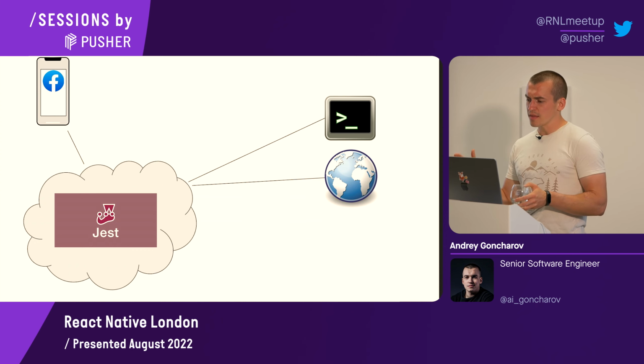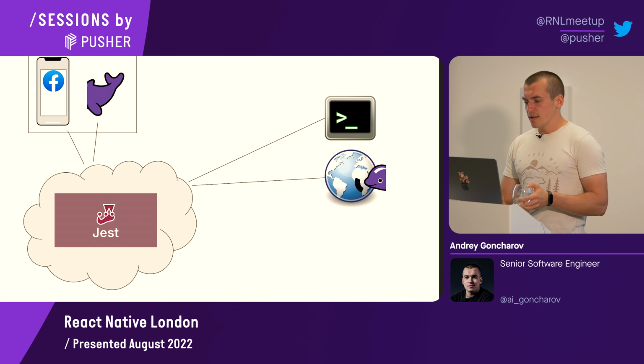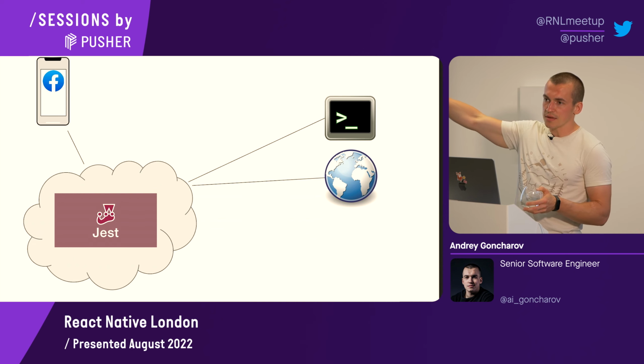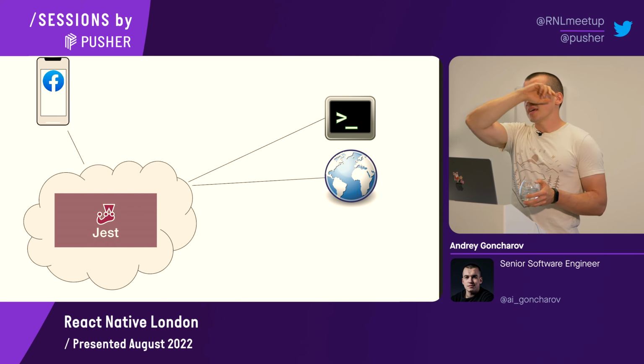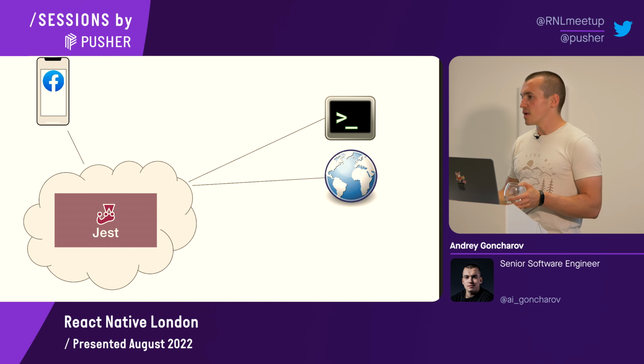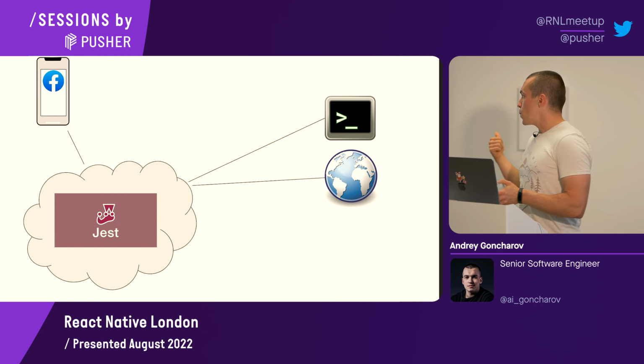The way that we run them now is, once again, in our terminal we type some command, it spins up the entire test suite somewhere in the cloud. That cloud test suite connects to yet another cloud with the simulators, runs the tests there, fetches the data, runs some assertions, and then displays the result of the test run in our web UI.